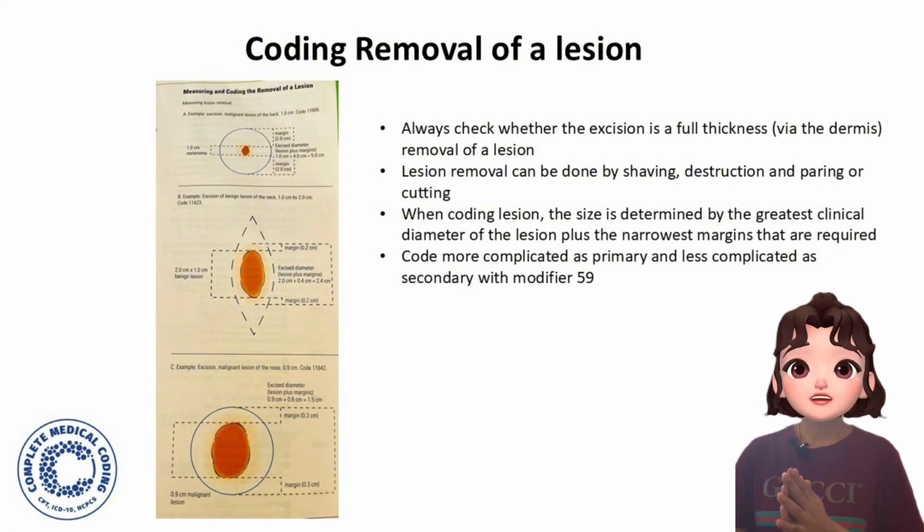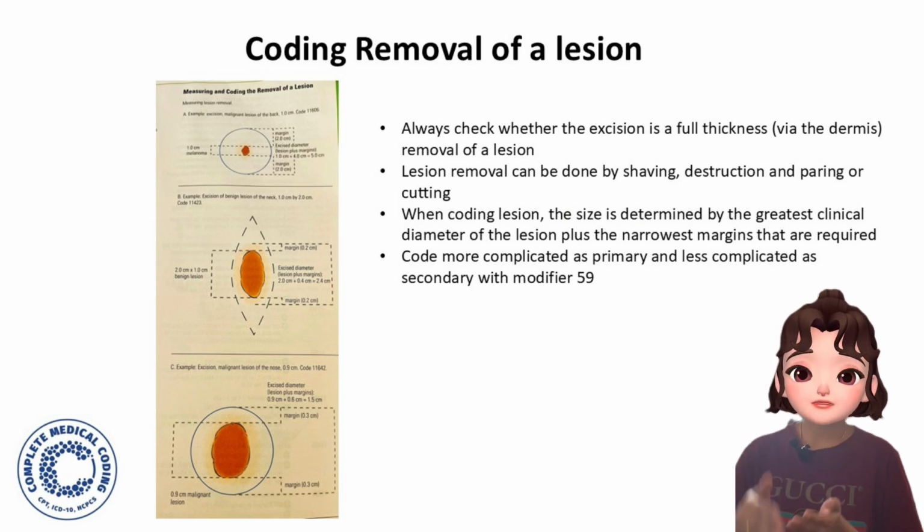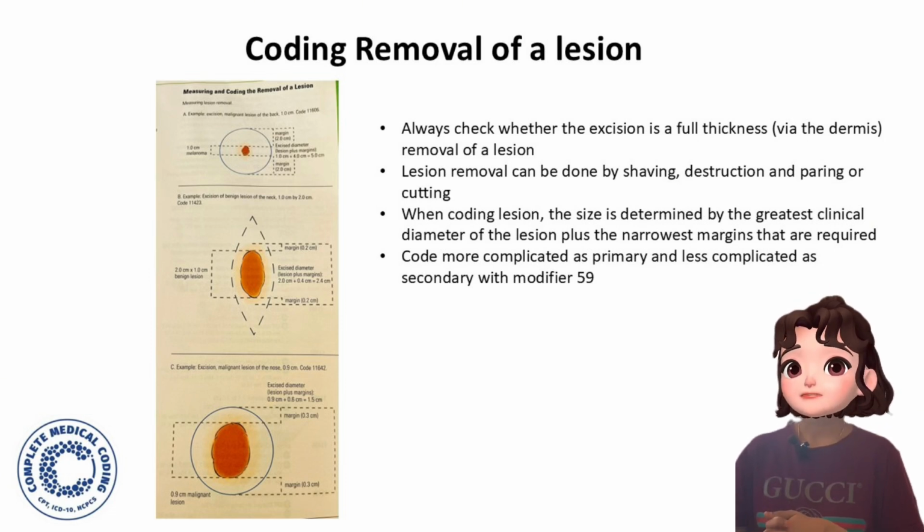You can see in the picture what the margin represents, the narrowest margin, and what the size is. All this you have to consider while coding a lesion. We will do examples.